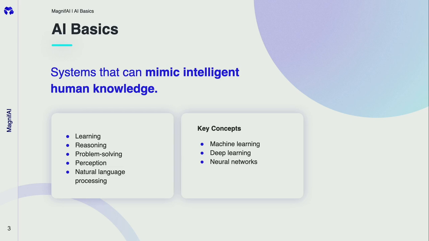Three key concepts to make sure that we all have the same understanding. Machine learning is the ability of systems to learn from data. I will be referring to that several times. Deep learning is a subset of machine learning that uses artificial neural networks to model and solve problems.